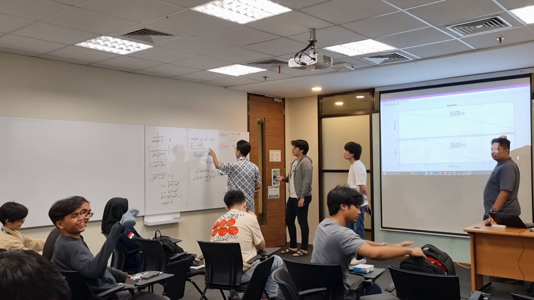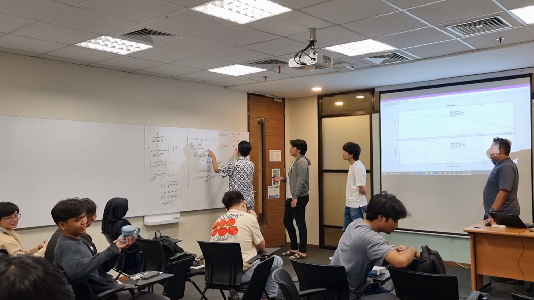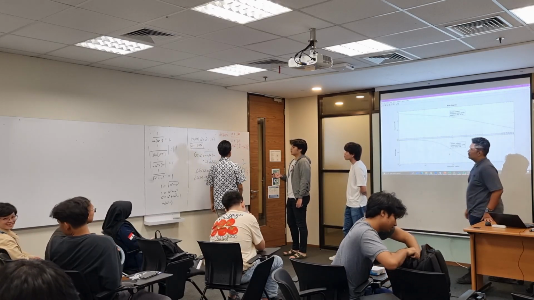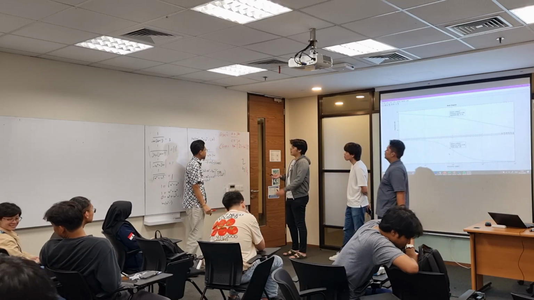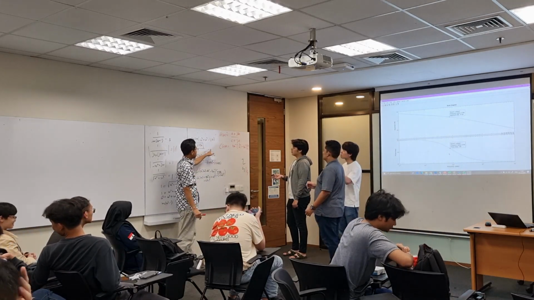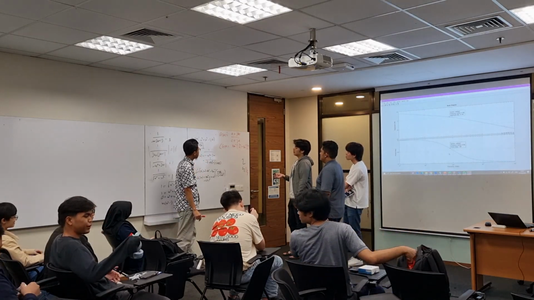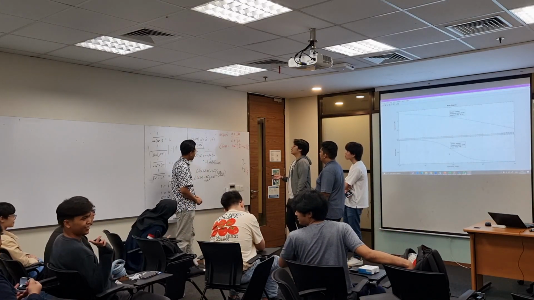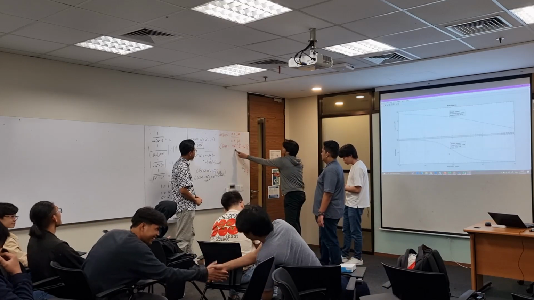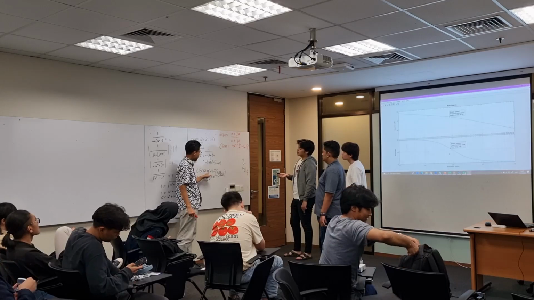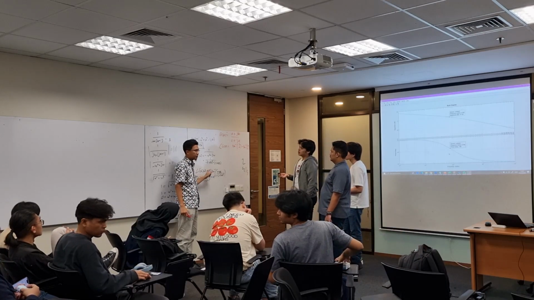Because the top part is 1, the value will be either 0, 180 or minus 180. The real part is 1, imaginary part is 0. So whether you put 0, 180 or minus 180, they are actually the same.